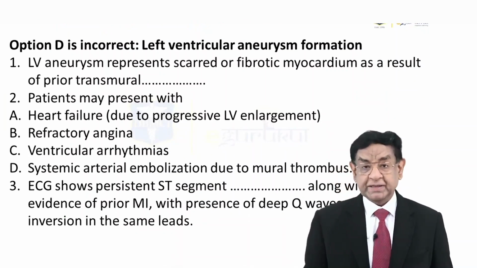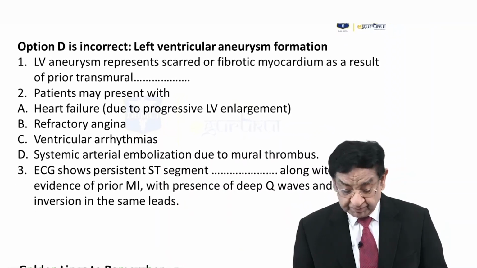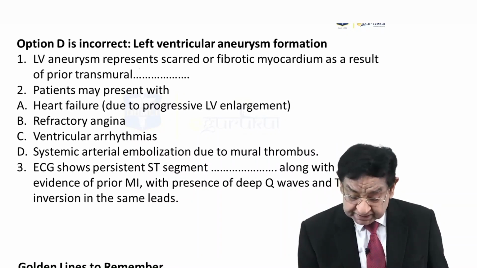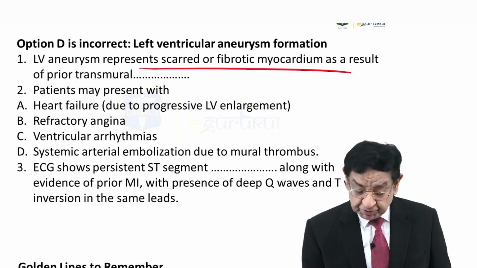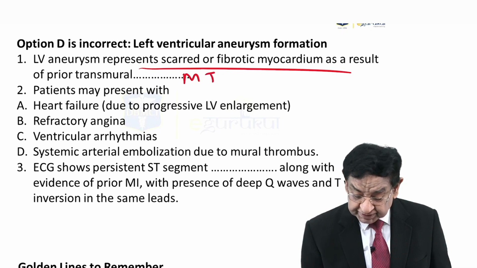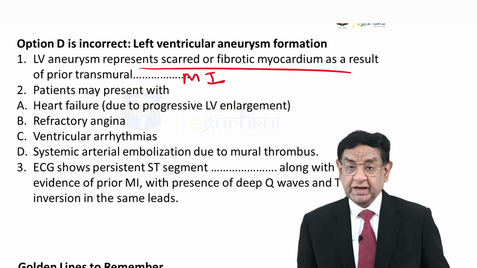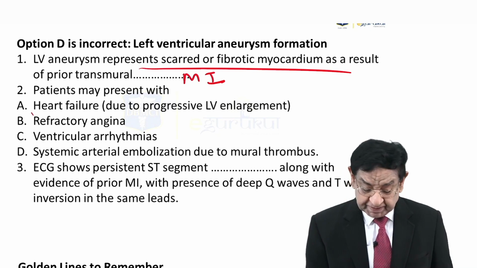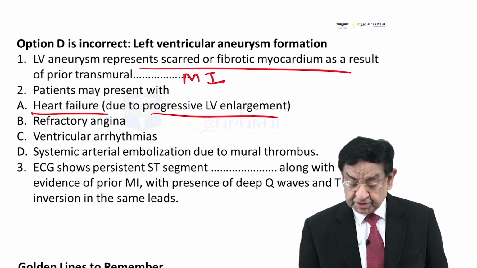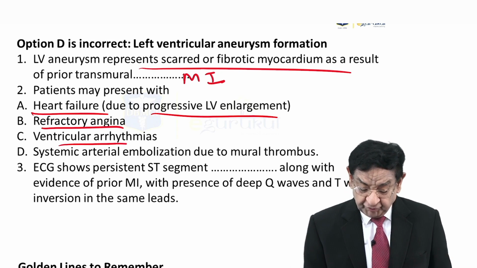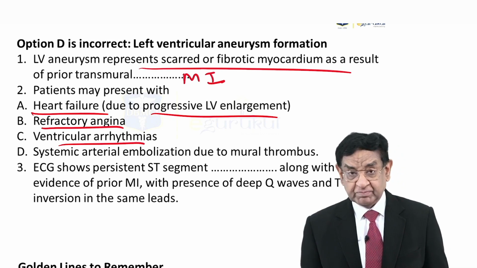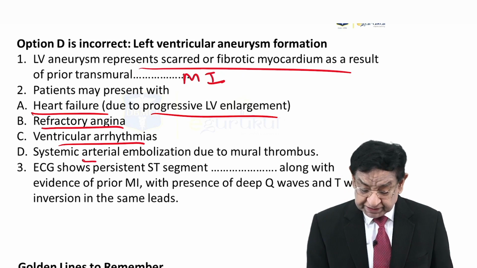Well, option D, left ventricular aneurysm formation. It represents a scarred or fibrotic myocardium as a result of prior transmural myocardial infarction. Well, how does this patient present? The patient may have heart failure due to progressive LV enlargement, refractory angina, ventricular arrhythmias, but one of the most dangerous things is embolization.